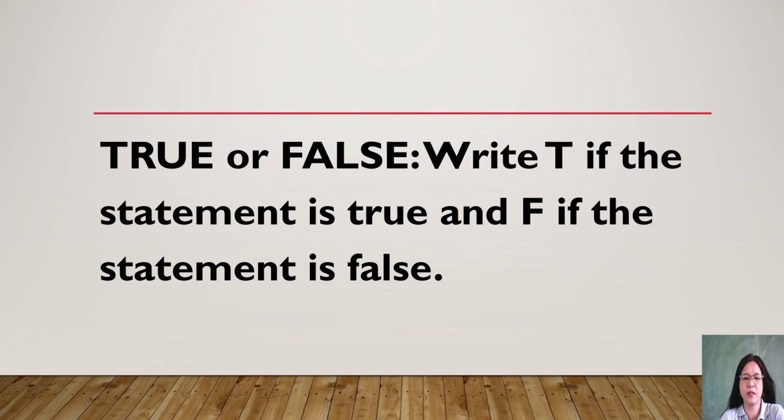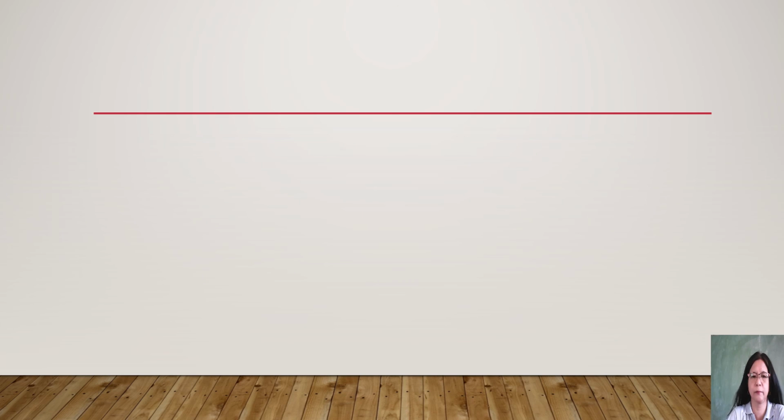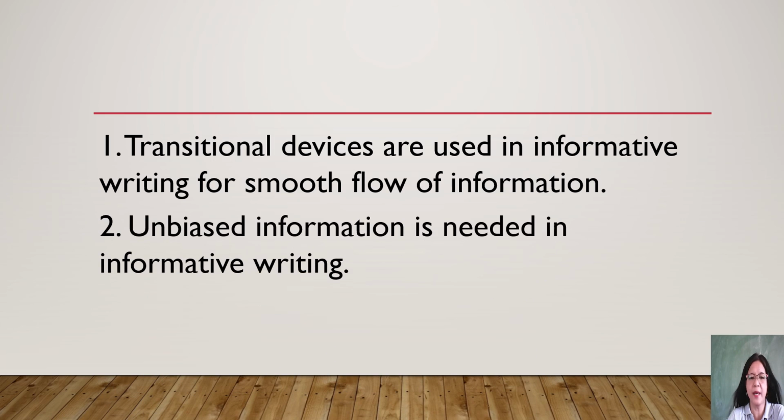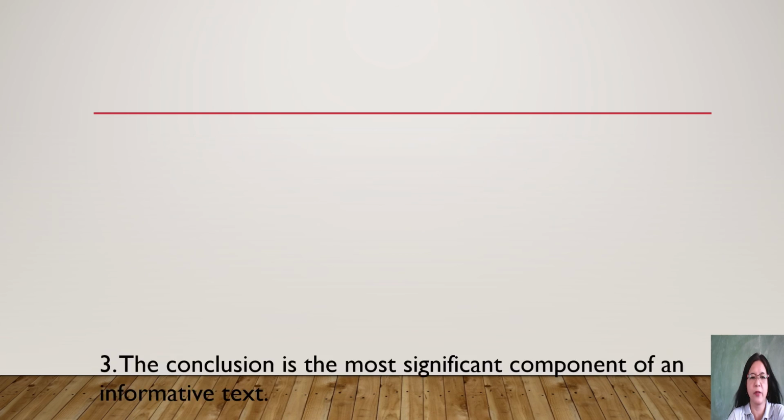Next activity, you have true or false. Write T if the statement is true and F if the statement is false. Number 1. Transitional devices are used in informative writing for smooth flow of information. True or false? 2. Unbiased information is needed in informative writing. Is it true or false? 3.